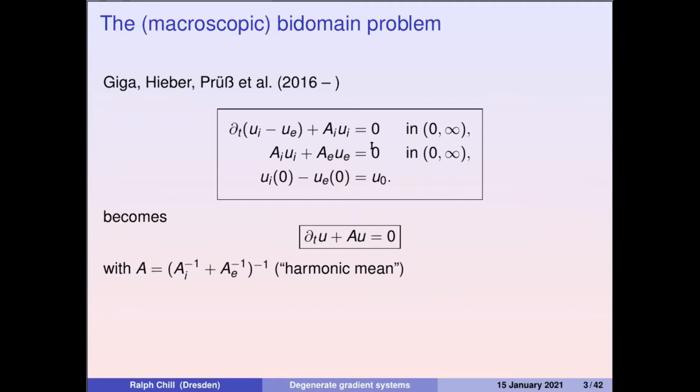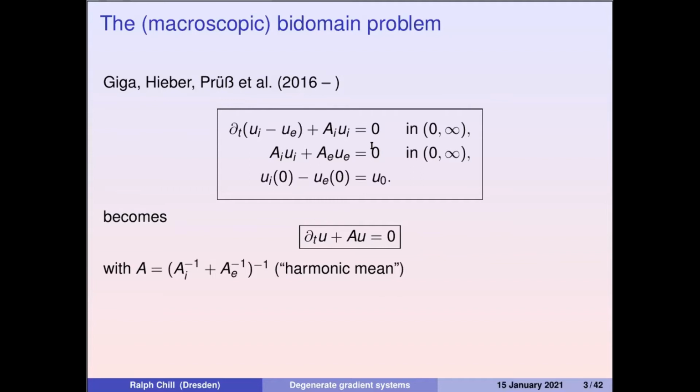And when we forget the nonlinear terms, the lower order terms, and when the elliptic operators are linear operators, then the system can be written in an abstract way as a coupled evolution equation and stationary equation of this form, where A_i and A_e are these elliptic operators. And in the papers of Giga, Hieber, and Prüss, they consider the case where all these operators are linear.